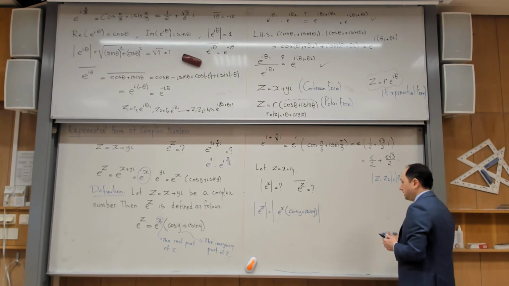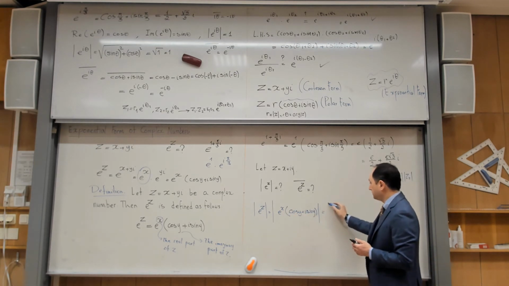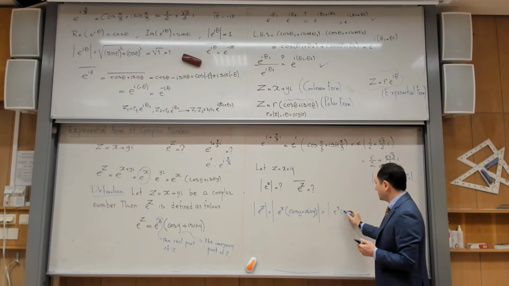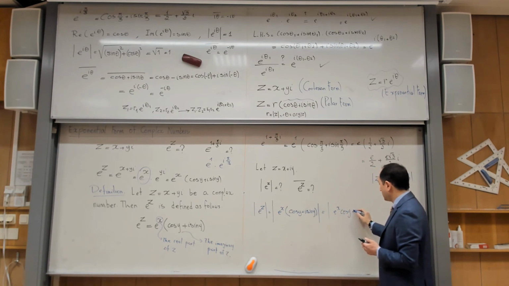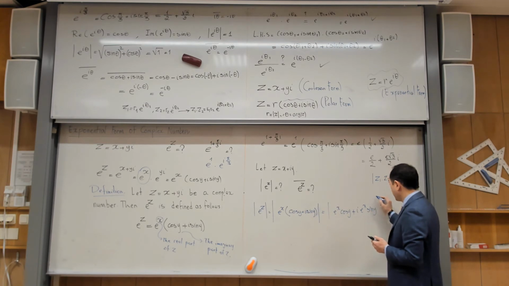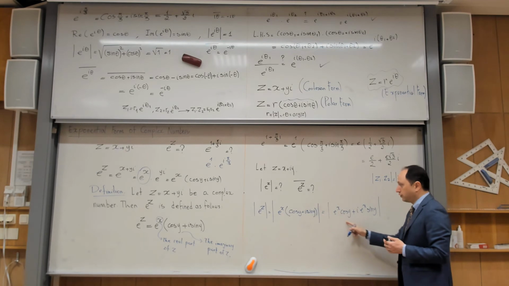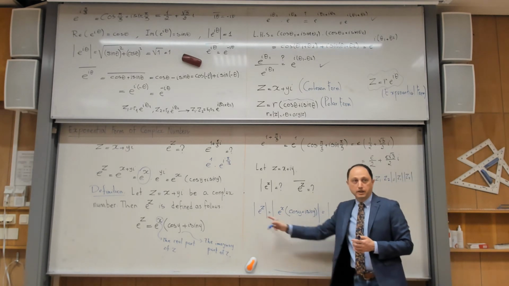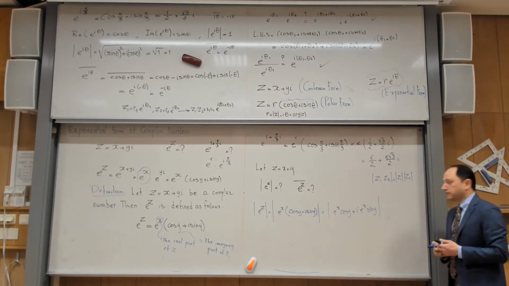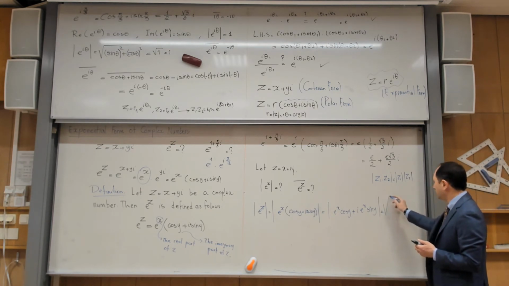Yes? But let me start from scratch. Okay, so what I do, I multiply this in. It becomes e to the power x cosine y plus i e to the power x sine y. This is the standard form of this complex number. And now I want to take its absolute value. So what I have to do, I have to take the square root.